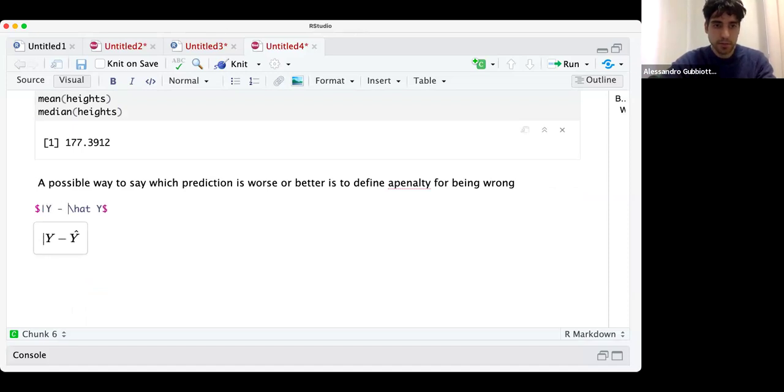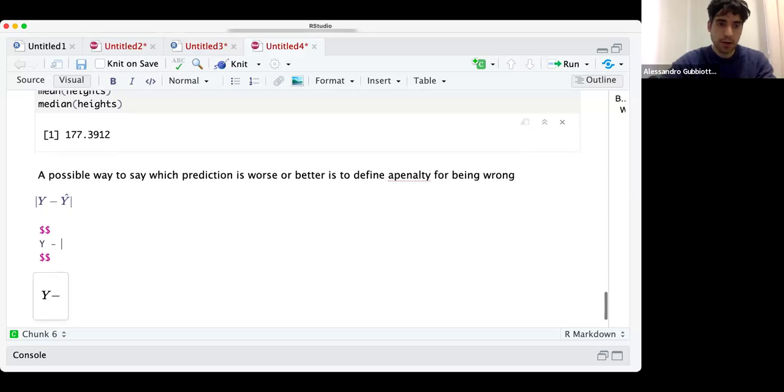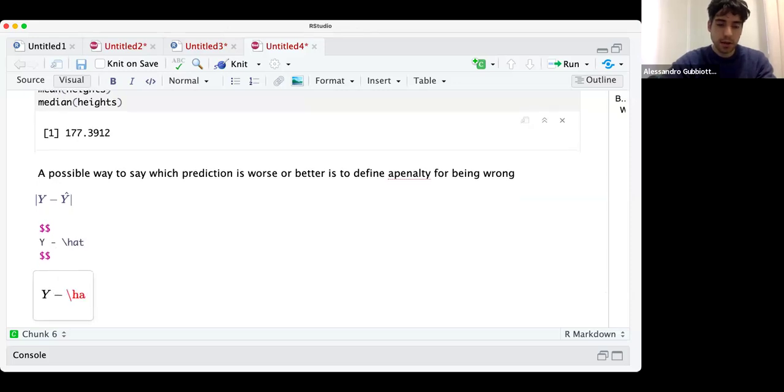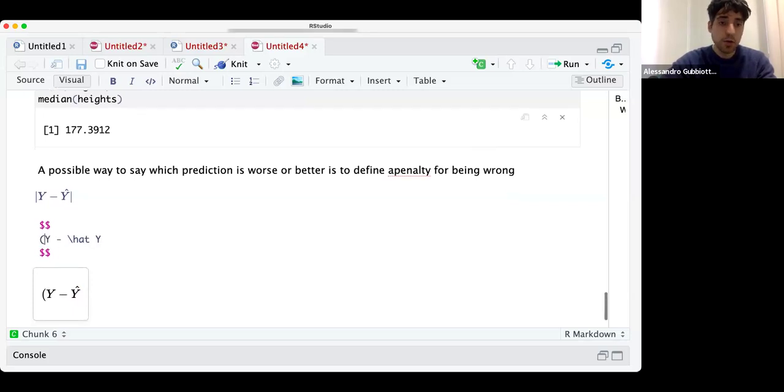So this is a possible penalty, and also y minus y hat to the power of 2, for instance, or whatever other function. These are two possibilities.